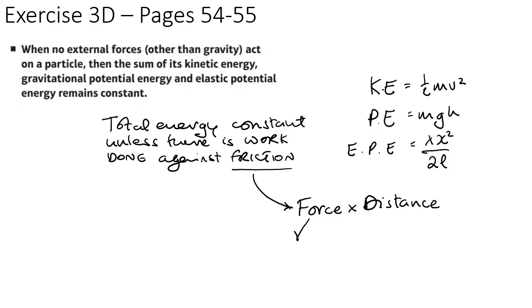That force of the friction may be a constant, or it may be given in terms of mu R, in which case you will need to work out the normal reaction and multiply it by mu, the coefficient of friction.